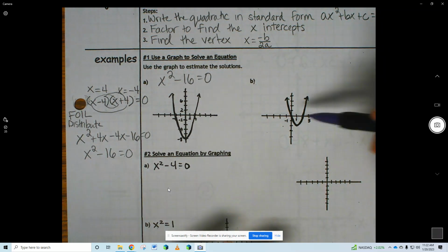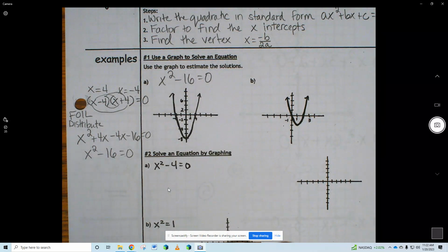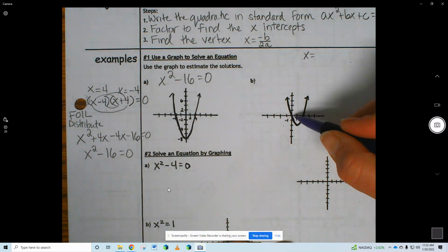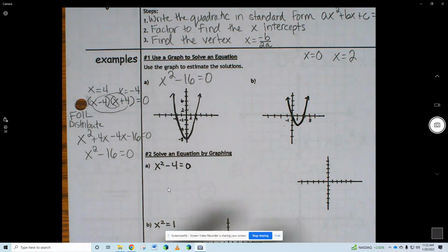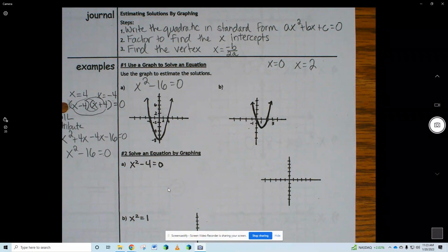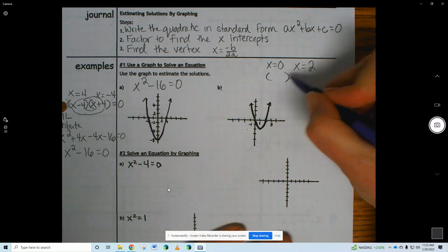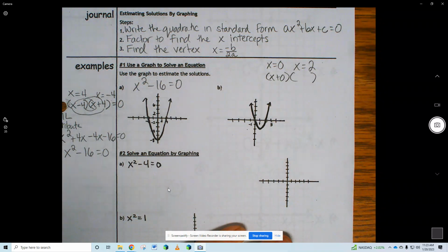B, what are my two zeros, roots, x-intercepts? What are they? X equals 0 and x equals 2. Well, in a parentheses, let's be honest, x plus 0 I wouldn't even put the 0.